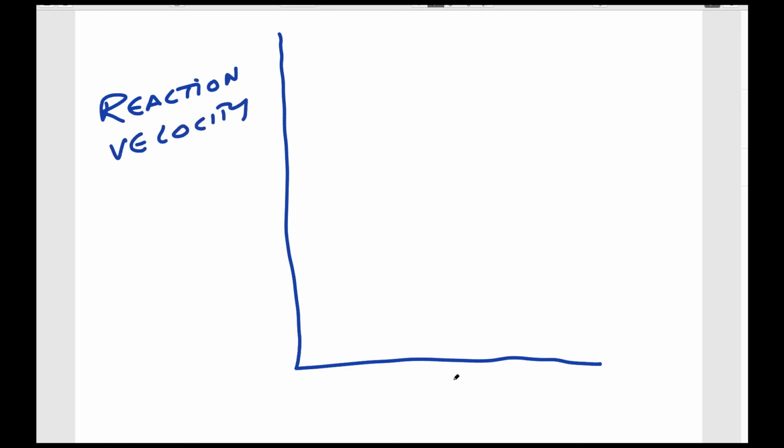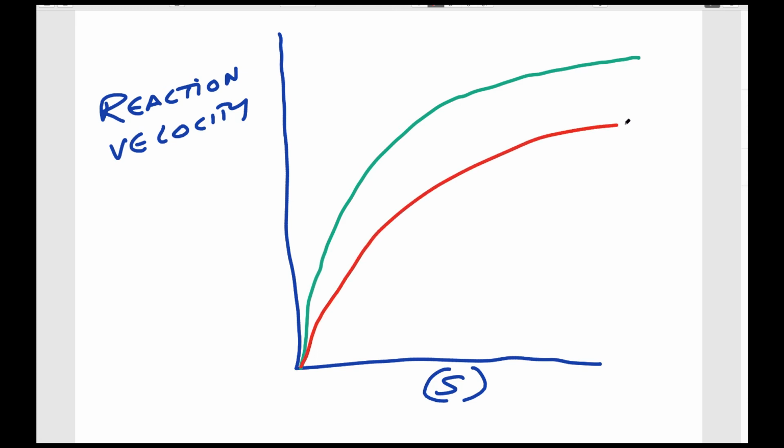Here it is substrate concentration. Let us draw a curve here. This is without inhibitor, and this one is with inhibitor.